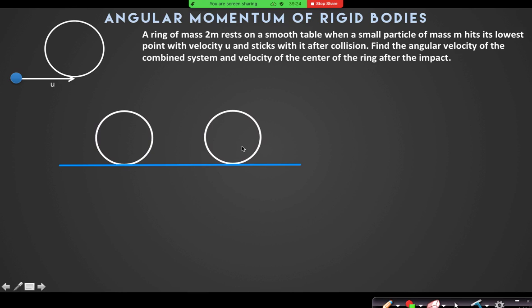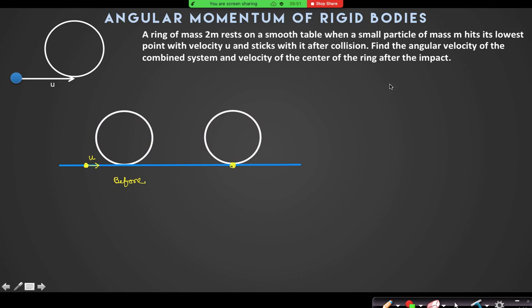I don't remember if the answer is this one. Sir, velocity of the center of the ring cannot be u by 3 as that will be the center of mass of the system. Yes, I also think so. The velocity of center of ring is not u by 3. Okay, so then we need to identify where you have made the mistake.